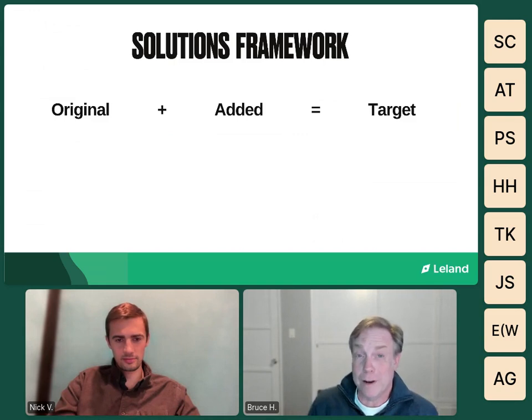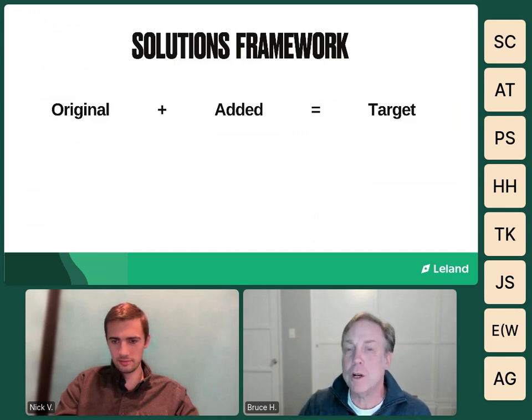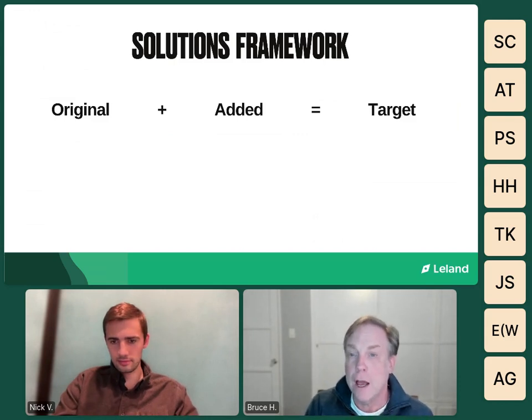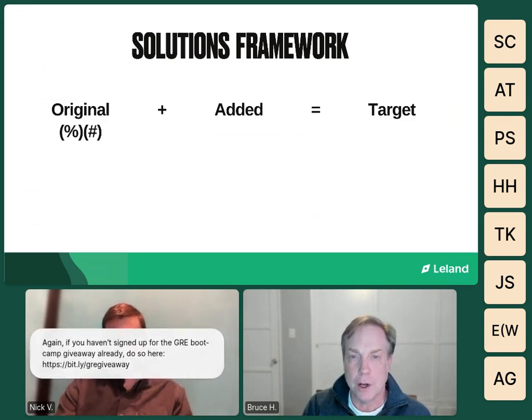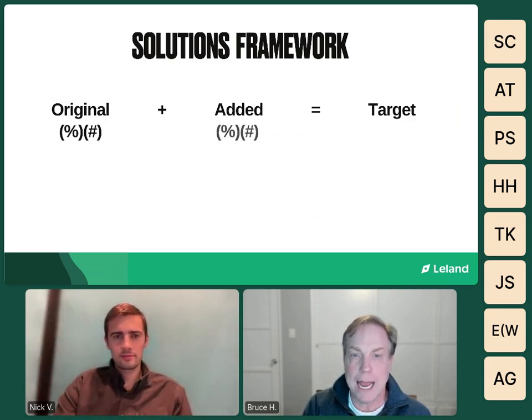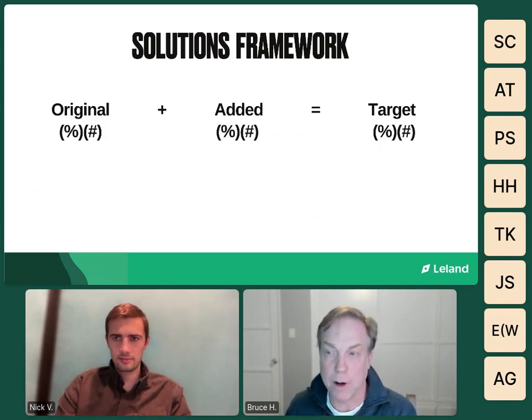So what we're going to do now is continue this discussion about advanced weighted averages, and we're going to talk about solutions. And solutions, not surprisingly, work very much like mixtures, but with one added twist. With solutions, what you get is a percent or a ratio times the number of things.